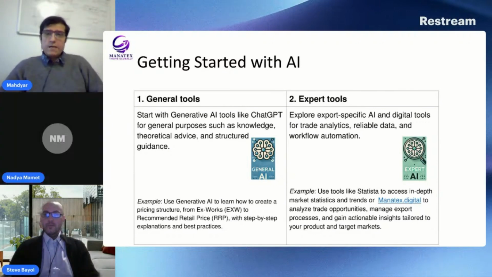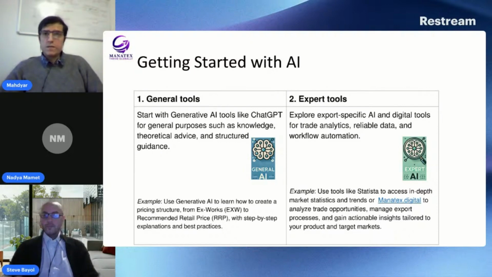And for example, with tools like Manatex, export-specific AI, instead of giving you only the structure of how to understand your pricing model, it can even recommend you the exact price.